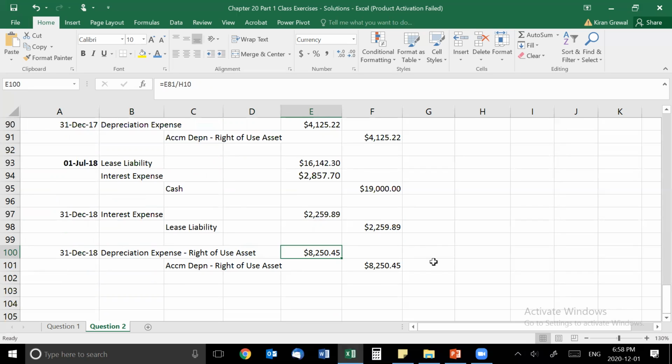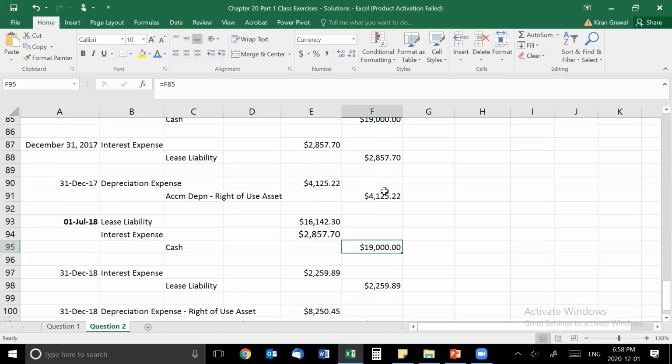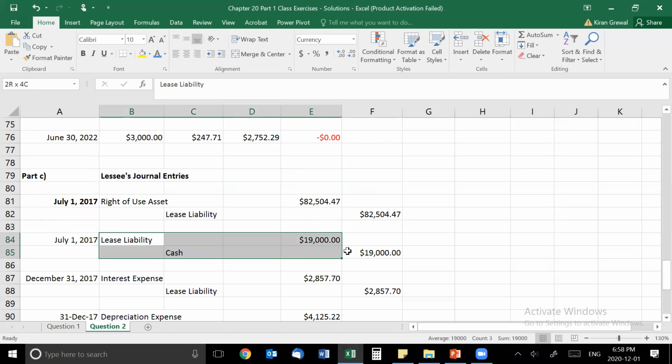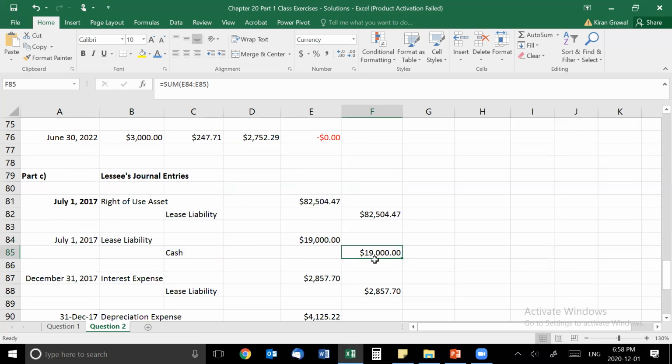Another thing that I did not show you an example for is if you have any executory costs. So if this 19,000 included, now let's go back up here. Okay, so if you're doing this lease and this 19,000 also included like $2,000 for maintenance, or maybe the total amount was, let's say, 21,000, and the 21,000 included $2,000 for maintenance, for example.